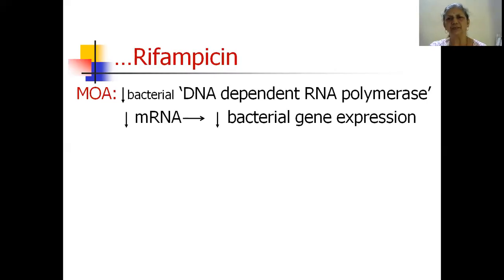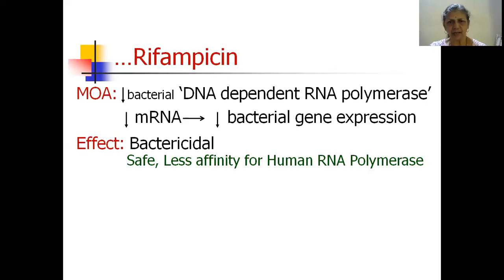So it interferes with the bacterial gene expression. And the effect is bactericidal. It is relatively safe and non-toxic to humans because it has less affinity for the human RNA polymerase. The parallel enzyme in the human cells is not interfered with, but the bacterial DNA-dependent RNA polymerase is inhibited.